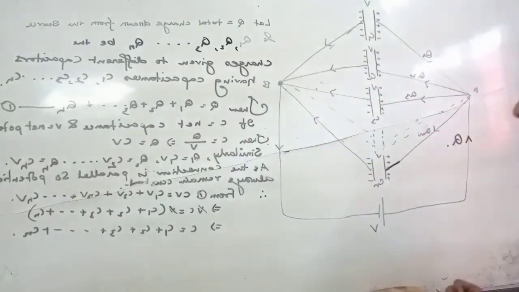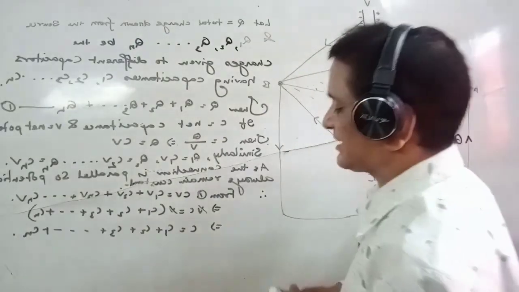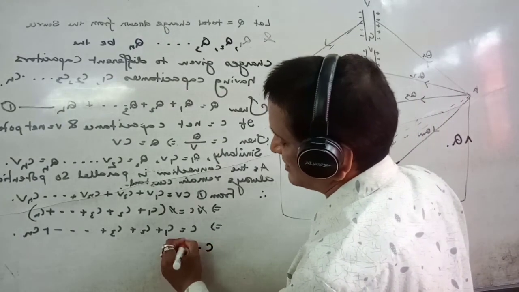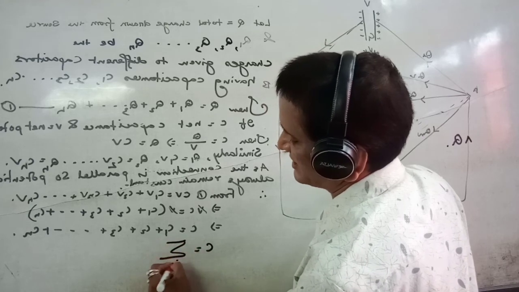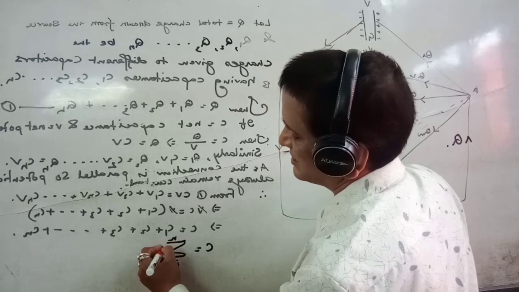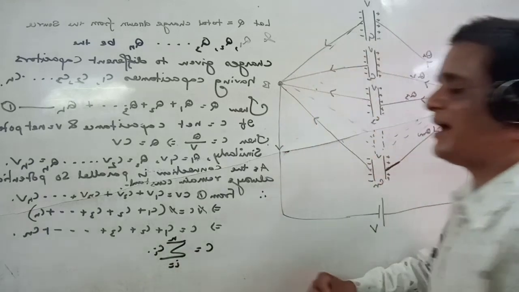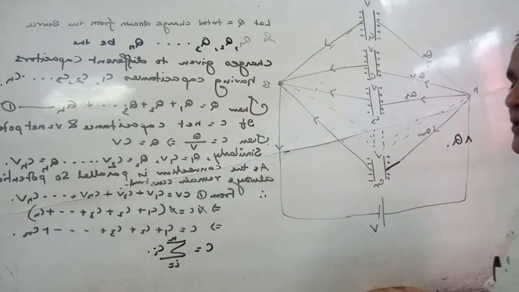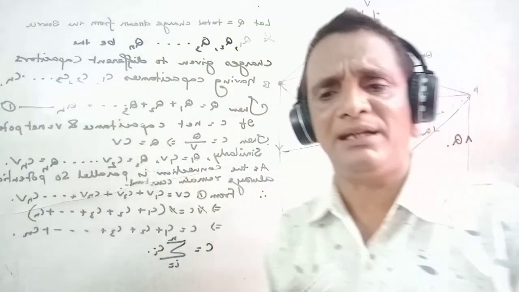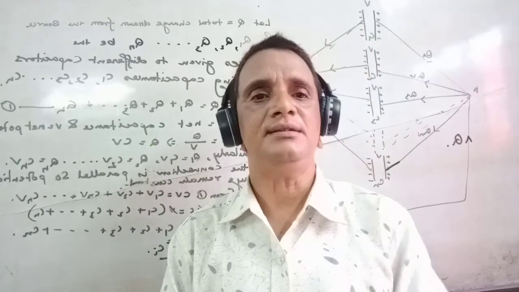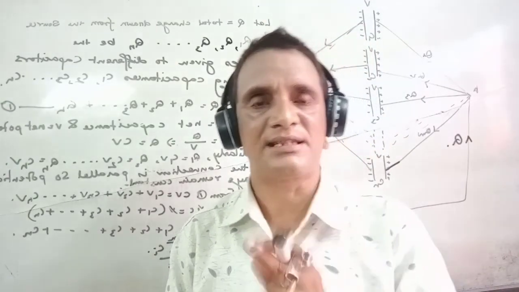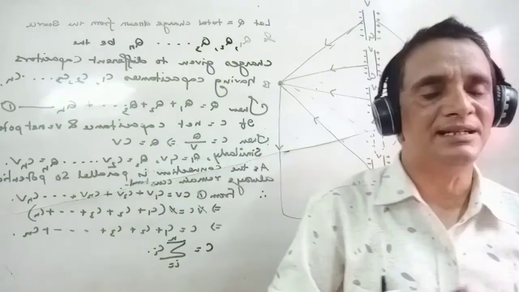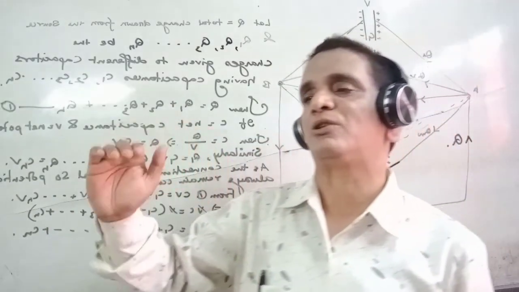So we can say, if a number of capacitors are connected in parallel, then the total capacitance is equal to the sum of the individual capacitances. It is totally different from the connection in resistance. In resistance, when they are connected in series, then R equals R1 plus R2 plus R3.